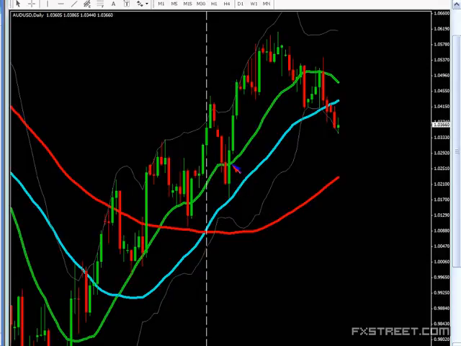Well, the moving average was at 102.70. We went down to lows of 101.70. Is that right? 102.60. It went down about 90 pips below support, 90 pips below the moving average.